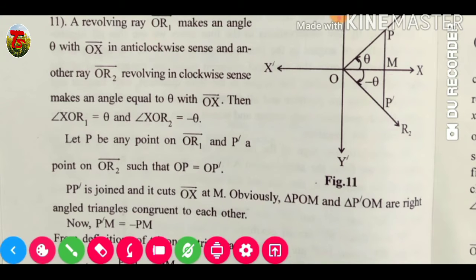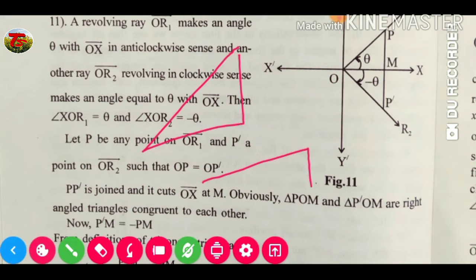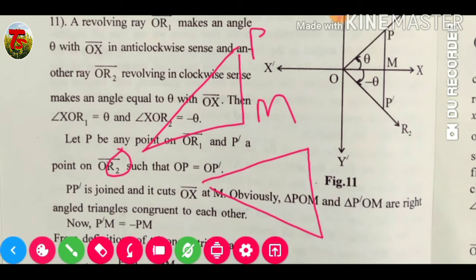Obviously we are getting two triangles: this triangle POM, and another triangle P dash OM.